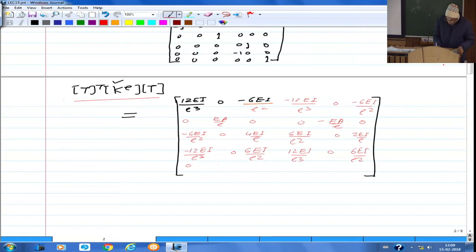Then this is 0, minus EA by L, 0, 0, EA by L, and 0. Then the last row is minus 6 EI by L square, 0, 2 EI by L, 6 EI by L square, 0 and 4 EI by L. So this is what you get here as your transformed stiffness matrix.